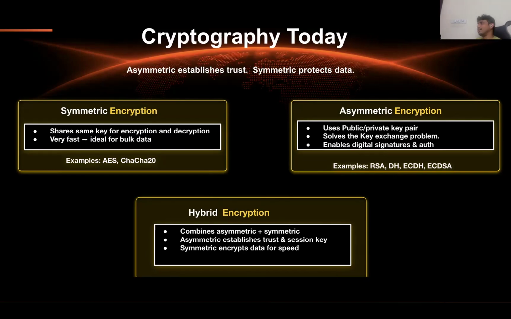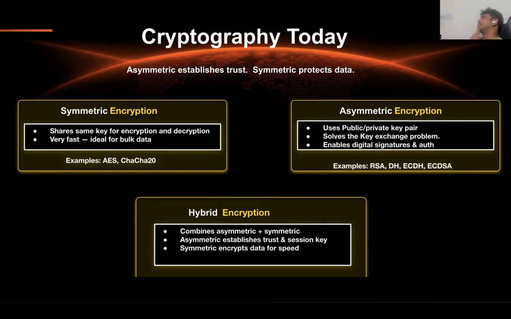So we use something called hybrid encryption, where we use asymmetric encryption for shared secret key derivation between the two devices and to authenticate the peer. Once it's authenticated and we have settled on the shared secret key, we switch to symmetric encryption using either AES or ChaCha20, which are the commonly used encryption algorithms now.